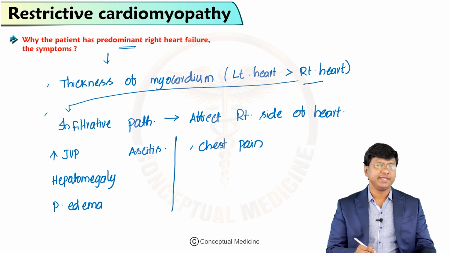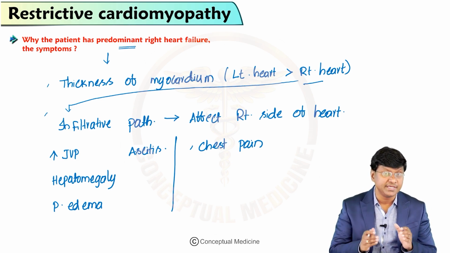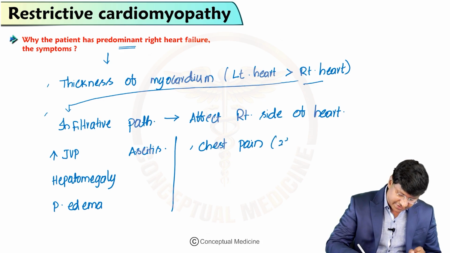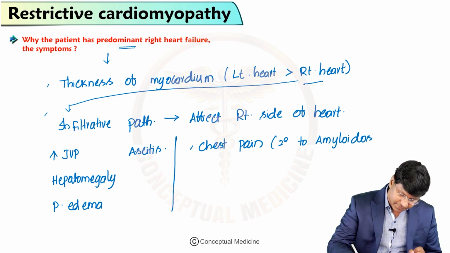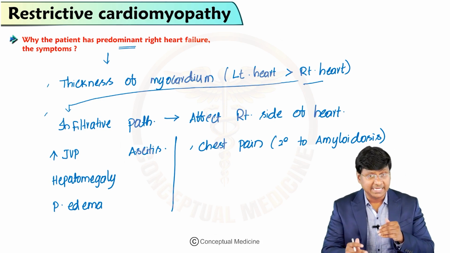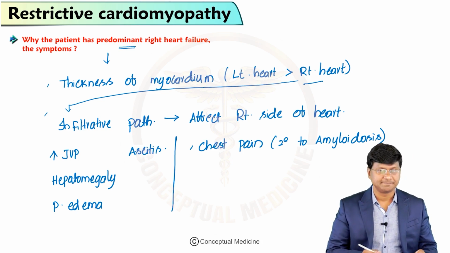So chest pain is another important feature of restrictive cardiomyopathy, mainly secondary to amyloidosis. If the etiology of restrictive cardiomyopathy is amyloidosis, these individuals can also develop chest pain.